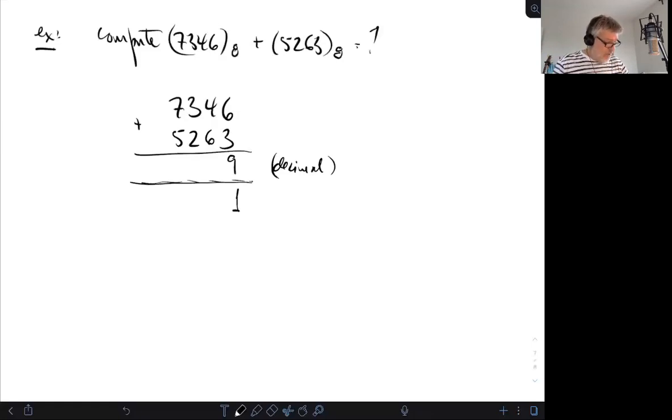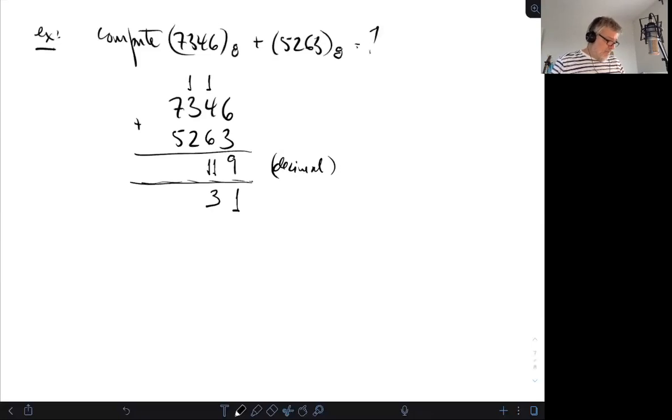So this is 1 and a carry of 1, right, in octal. 6 and 4, 10, 11. So that's 11 decimal, which is 8 plus 3, right? So this is a 3 and a carry of 1, right?